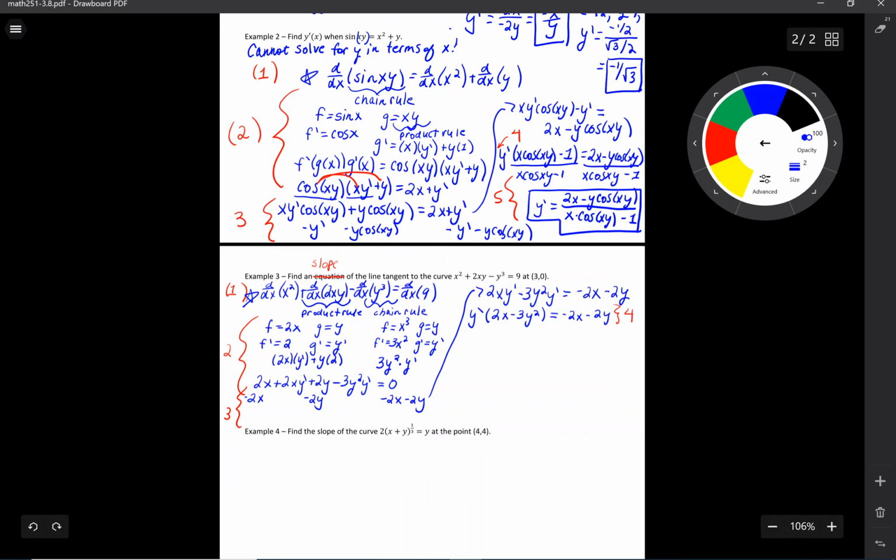And finally, I divide through in order to solve for y prime. So I divide by 2x minus 3y squared. And I get y prime equals negative 2x minus 2y over 2x minus 3y squared.